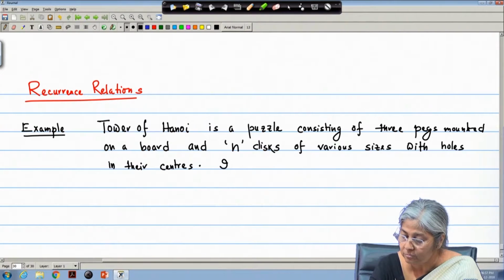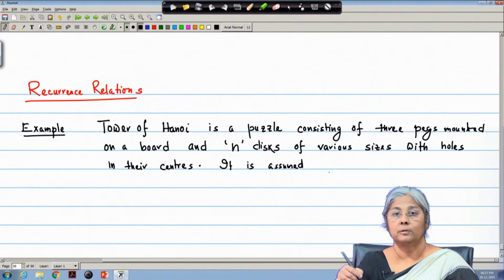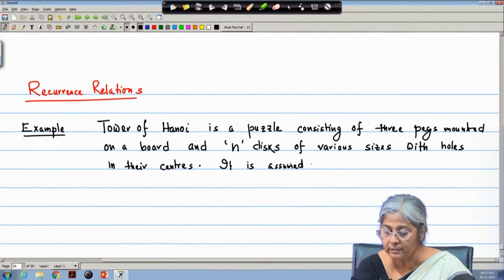Now, it is assumed there is some restriction of placing the discs on the peg. What is that restriction?